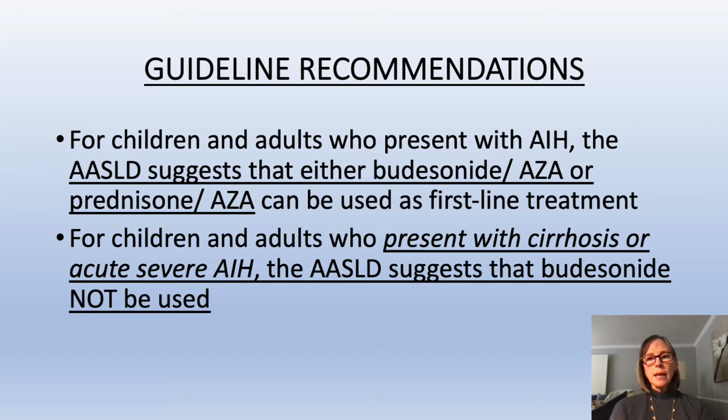Secondly, for children and adults who present with cirrhosis or very severe autoimmune hepatitis, we recommend that budesonide not be used. And this is because in the setting of cirrhosis, there's decreased availability of the drug, and in the setting of severe autoimmune hepatitis, budesonide has not been studied at all.